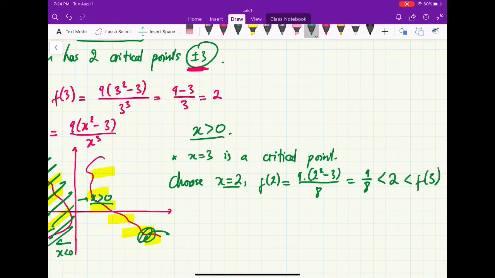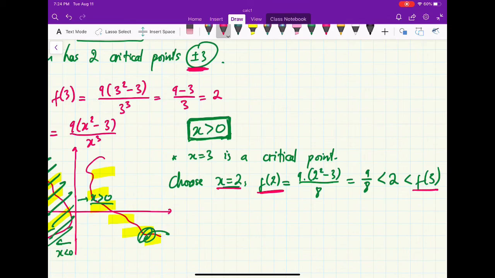You see, on this interval, the function has only one critical point. And in the neighborhood of that critical point, you might find at least one point, x equal to 2, such that the function value at 2 is less than the function value at that critical point.